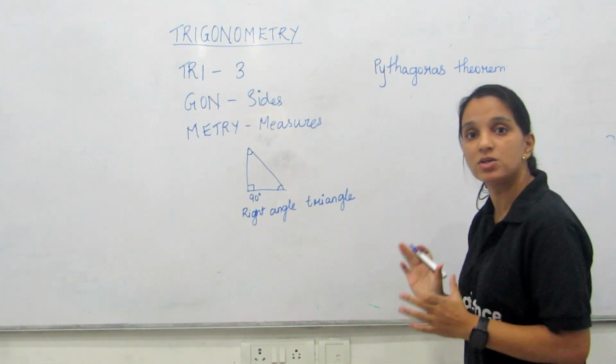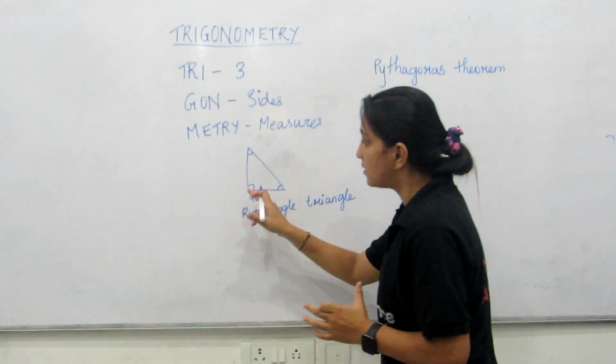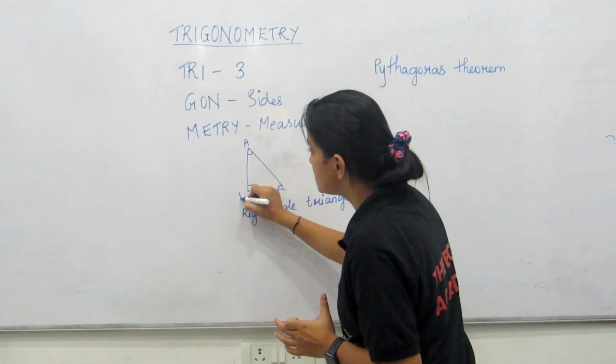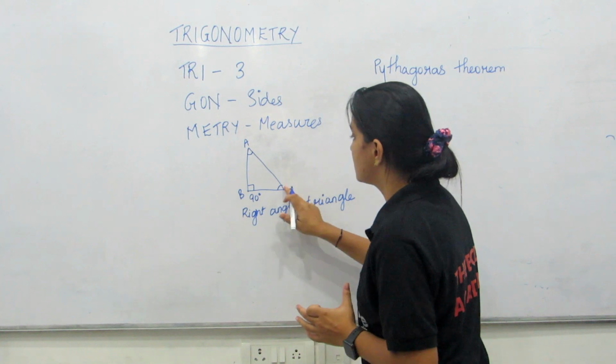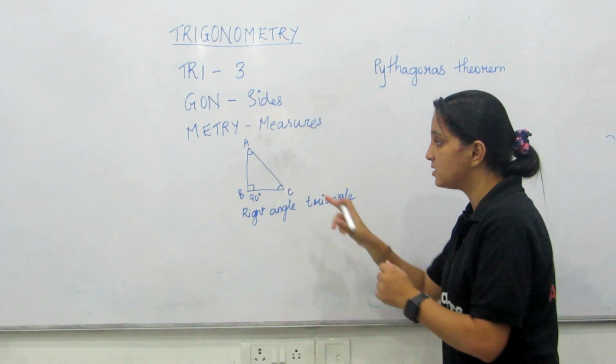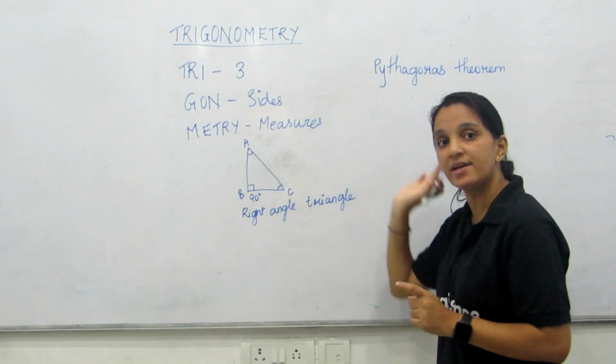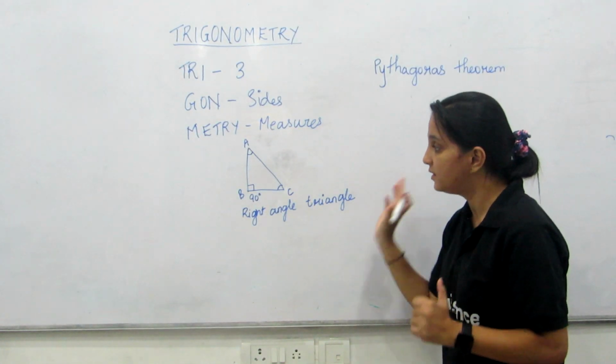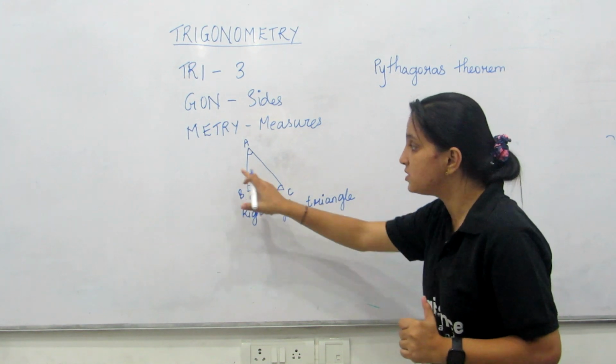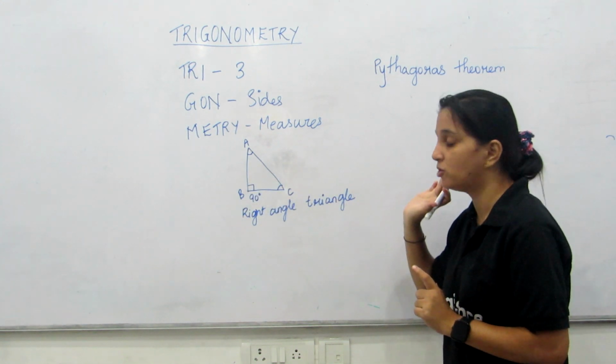Now what the Pythagoras theorem says, that if this is A, this is side B, this is side C. Pythagoras theorem says that this is the hypotenuse. The longest side of a right angle triangle is the hypotenuse side. Then these are the other two sides.